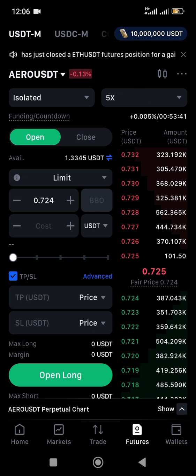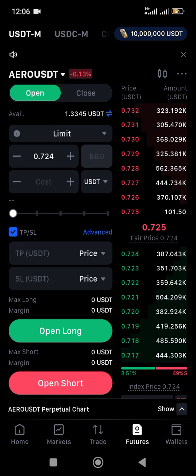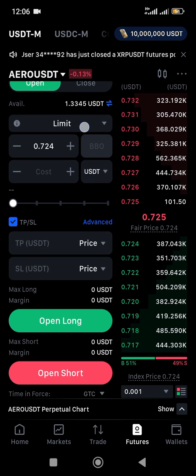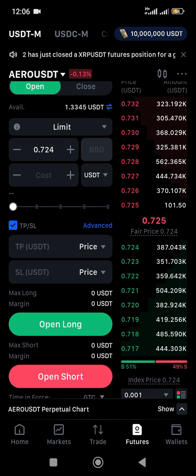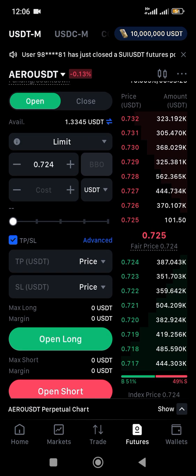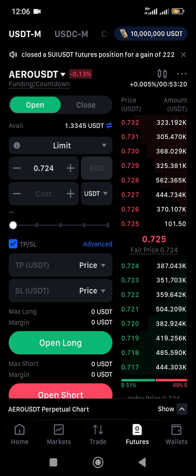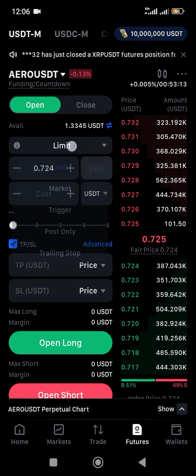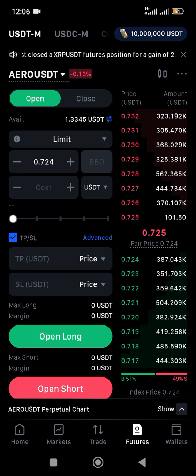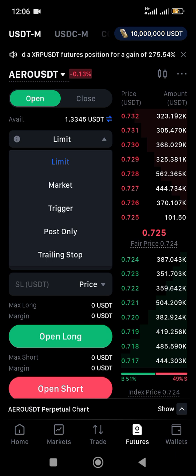Alright, so the next thing you want to do is to select your order type. Remember, this is business. The same way you place an order for goods and services, that is how you place an order for buying and selling of crypto assets. So the next thing you want to do is to select your order type. In this place you may see limit or you may see market.